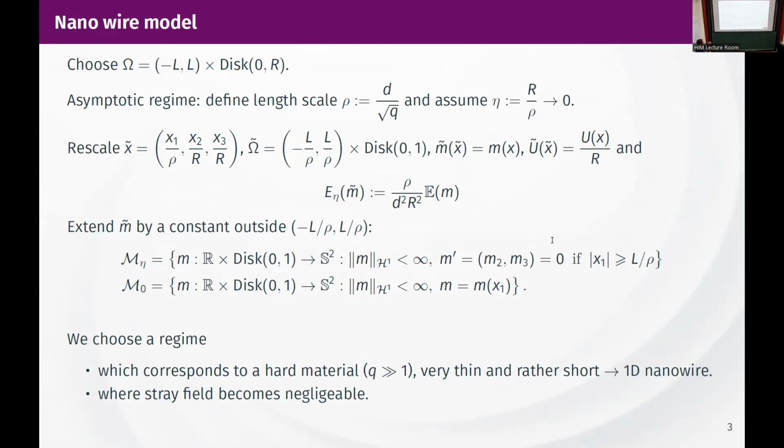So this is physically somehow relevant. What is a bit less relevant is that we have to neglect the stray field, otherwise it gets complicated. But the stray field is exactly what Matthias worked a lot on. And when you add a stray field, then you have Néel walls, and that's a different business.